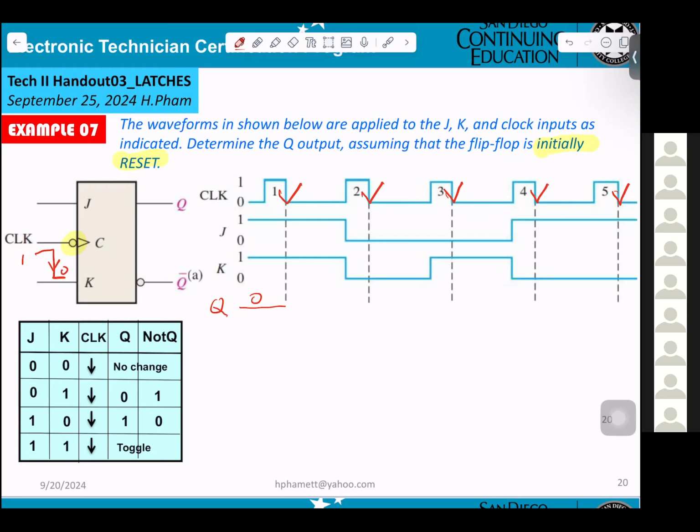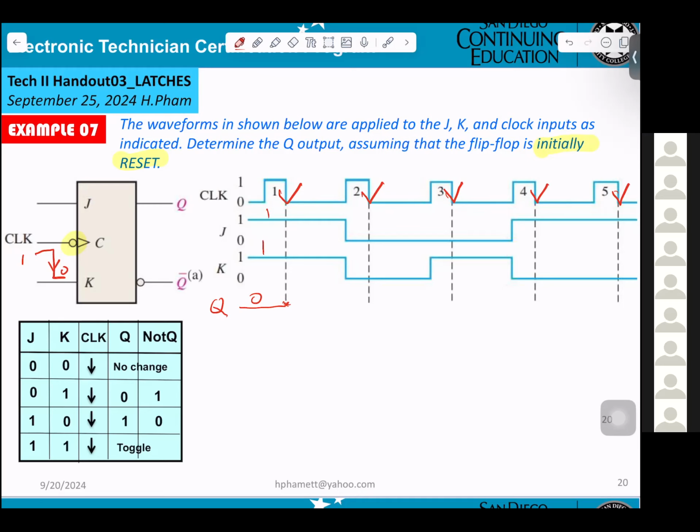Initially Q is 0 up to the clock transition. At the clock transition, if you want to know Q, you need to know J and K. What does J equal? 1. J is 1 and K is 1. You look into the table. They say toggle, right?